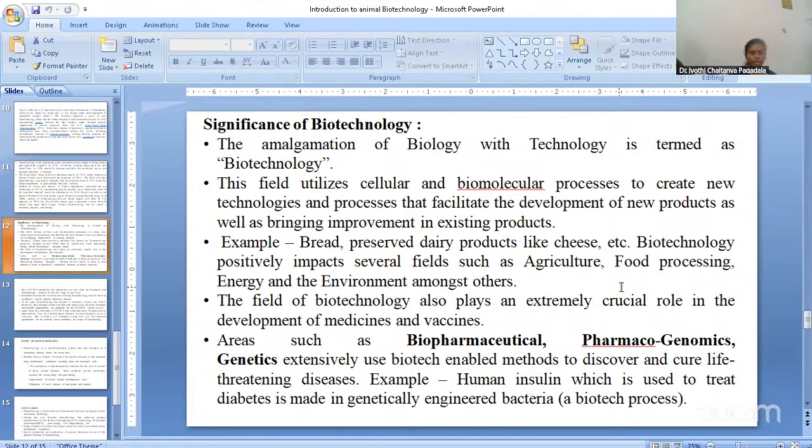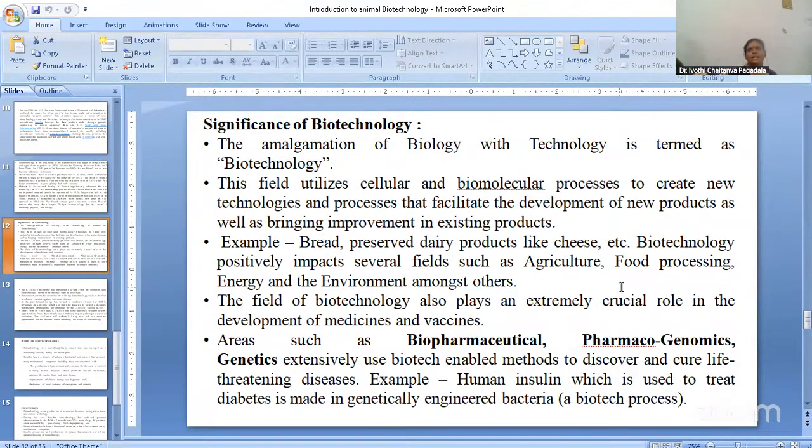In the downstream processing, we call it product recovery. So it is just like a 5-step process. This 5-step major operation depends mainly upon the product quantity and the quality.